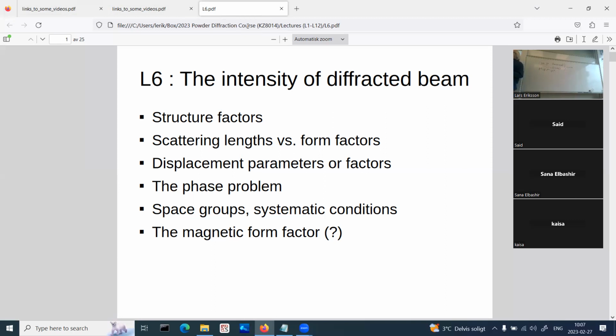It can hardly be done at the home lab, and you need to go to synchrotron installations. But on the other hand, magnetic neutron diffraction is quite standard, and one can analyze magnetic diffraction.